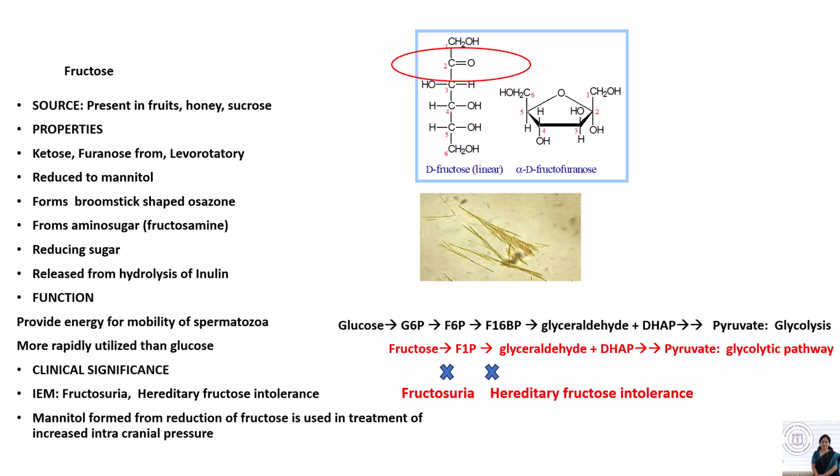The other clinical significance is mannitol, which is formed from reduction of fructose, is used in the treatment of raised intracranial pressure, where it relieves the water content from the cerebral part of the brain by diuretic effect. So this was all about clinical significance, functions and properties of fructose.